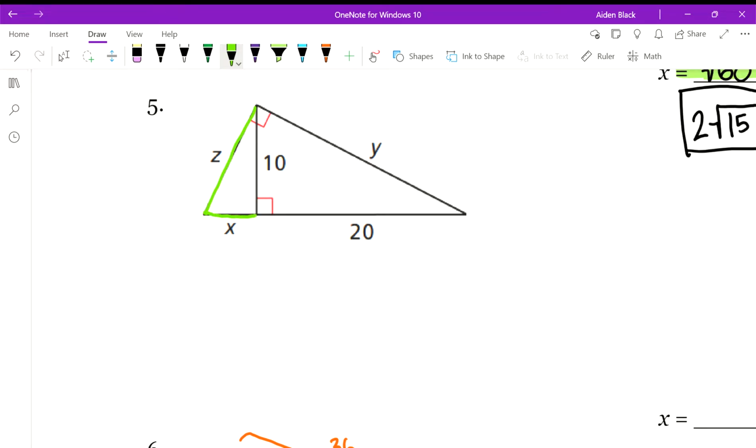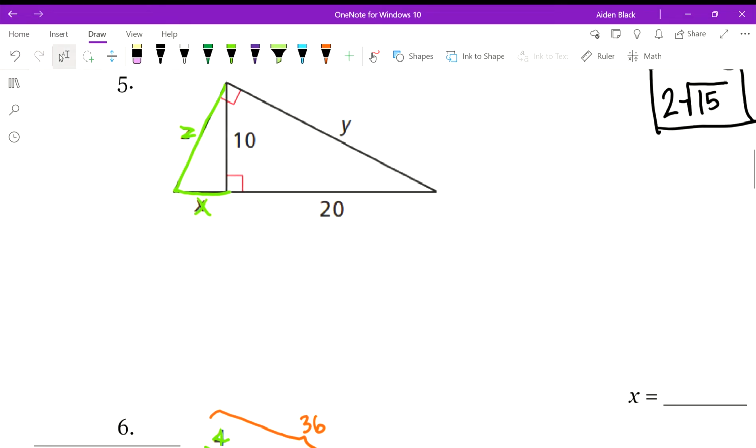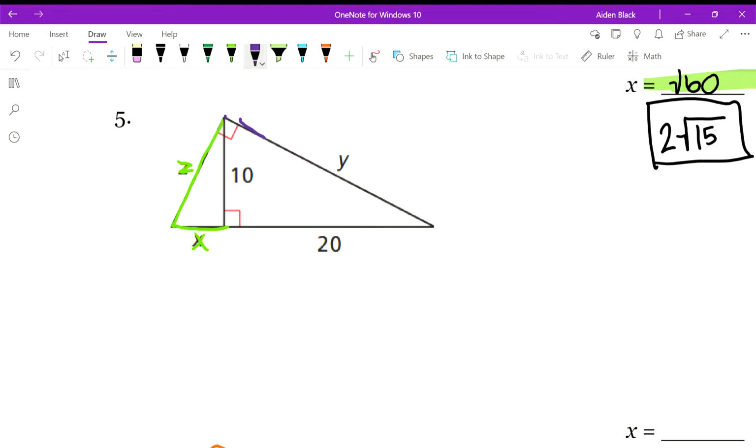Z is a leg. X is a part of the hypotenuse. Y is a leg. 20 is a part of the hypotenuse. 10 is our altitude. And then we know that x plus 20 is our hypotenuse.